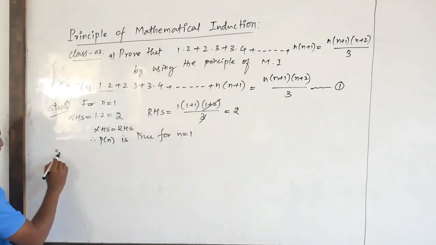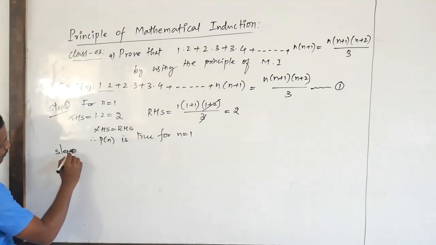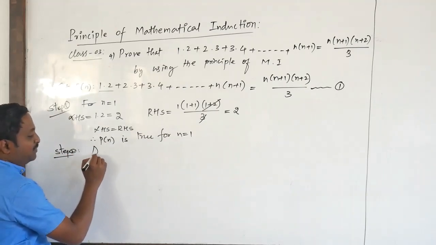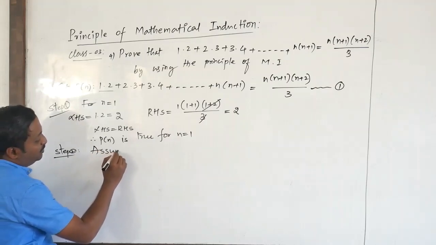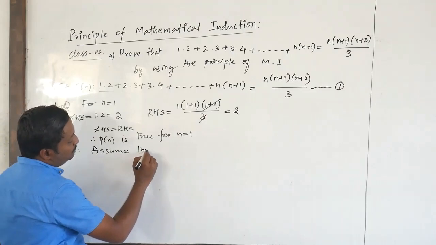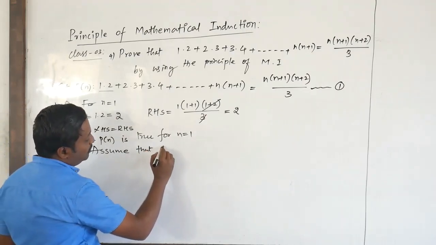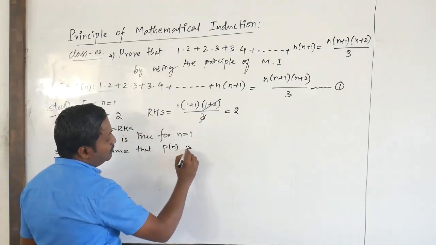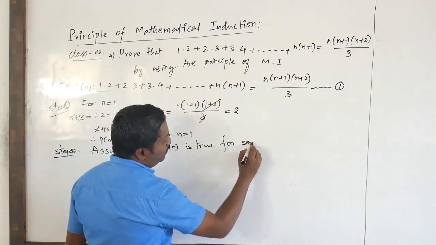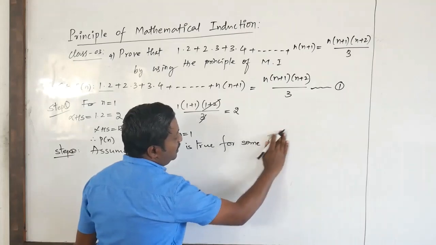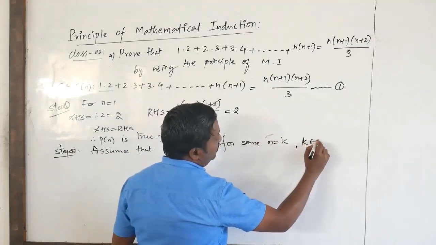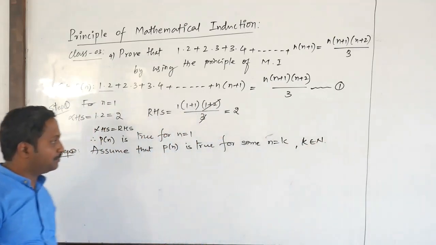Next, step 2. In step 2, you all know this, so I don't want to discuss this step. Assume that P of n is true for some n equal to k, where k belongs to the natural numbers.